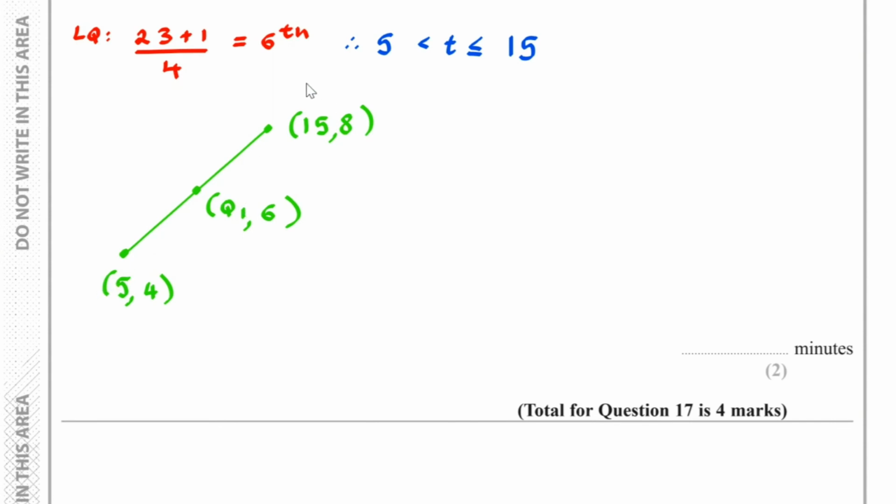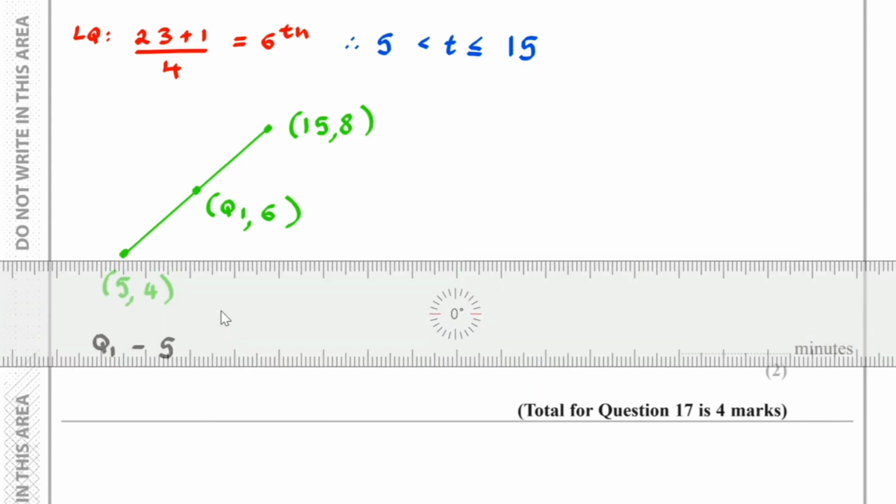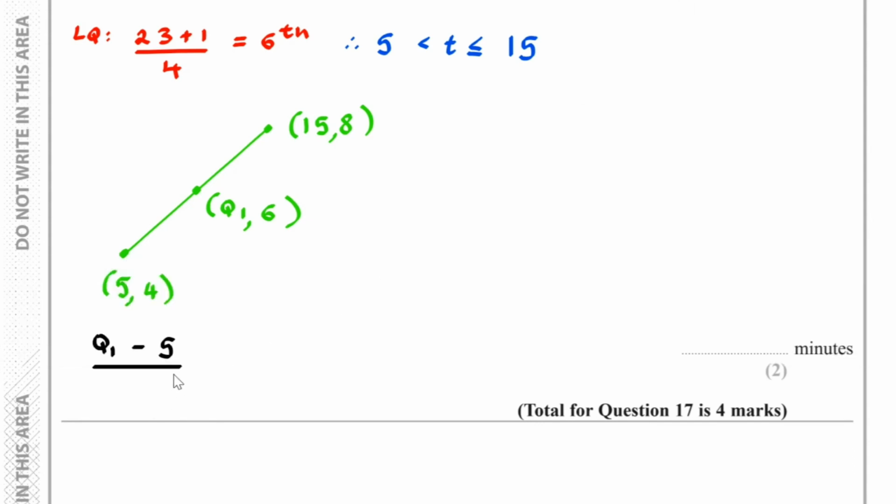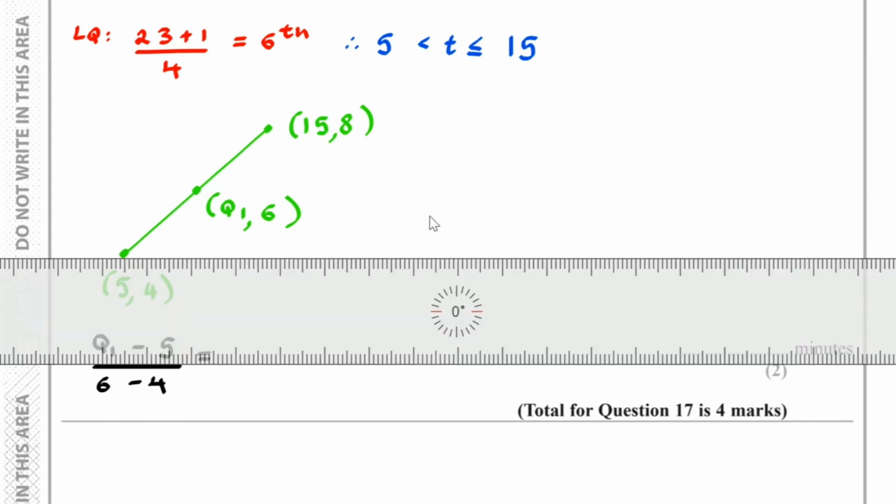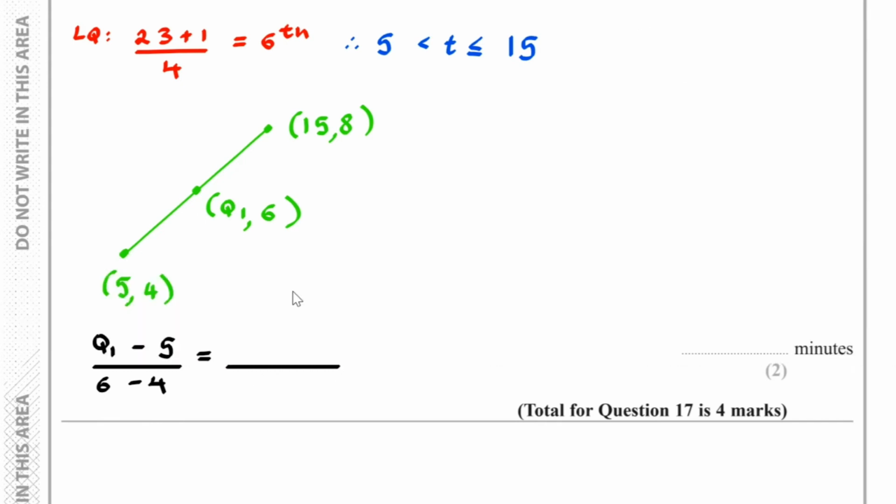If we think about the gradient of this line being the same throughout, then what we can say is Q1 subtract 5 divided by 6 take away 4, that's equal to 15 take away 5, divided by 8 take away 4.